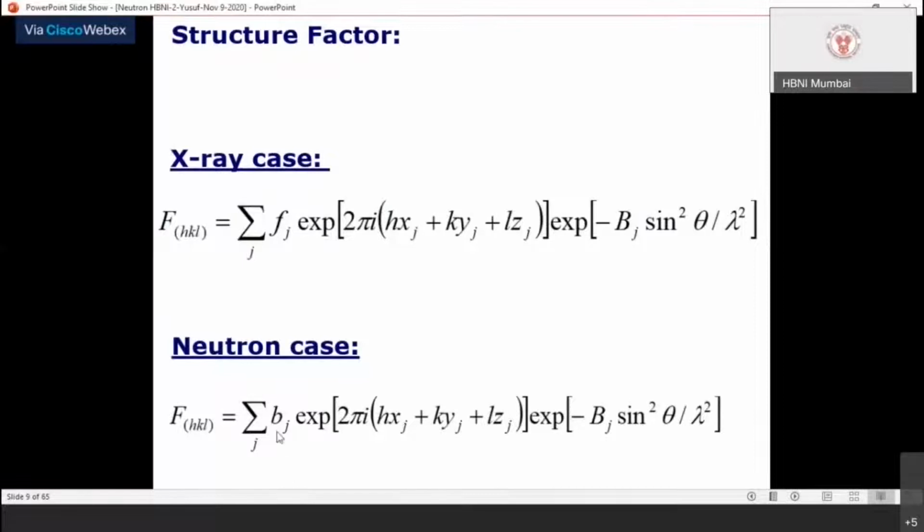But for the neutron case, the neutrons we typically use have milli-electron volt energy, which corresponds to about 1 angstrom de Broglie wavelength. Compared to that probe wavelength of 1 angstrom, the nucleus dimension is, as you know, 5 orders of magnitude smaller.